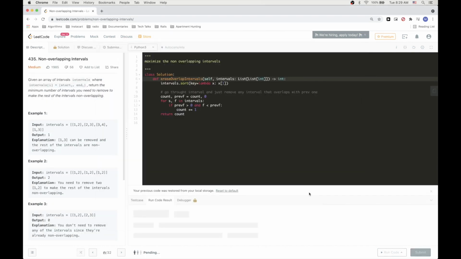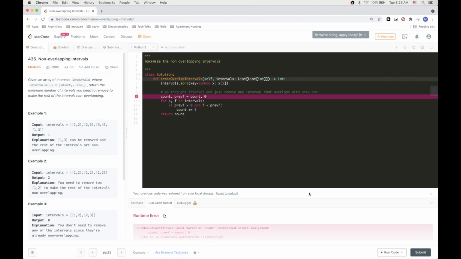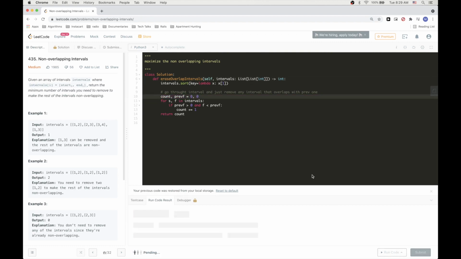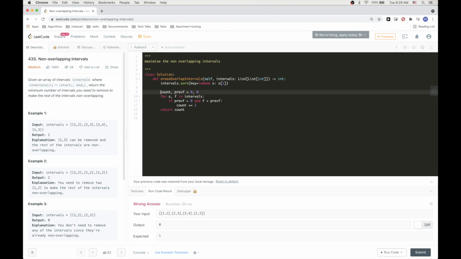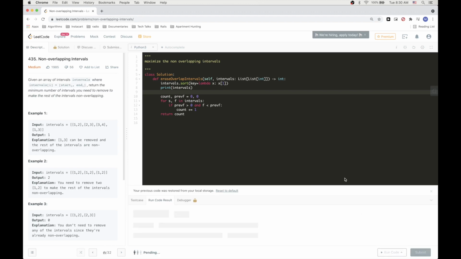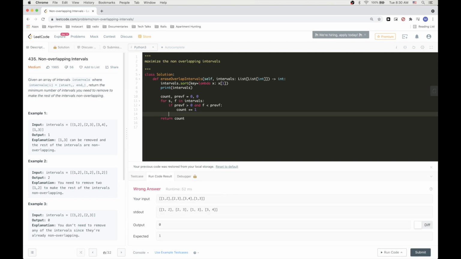Okay, so let's run the code here. Yeah, 0 here actually. Let's just make sure our intervals are sorted here by finish time. Oh yeah, I'm never assigning prev, which is bad here. So when do we take the interval? That's only in the else.